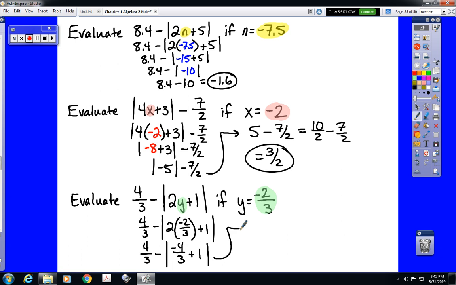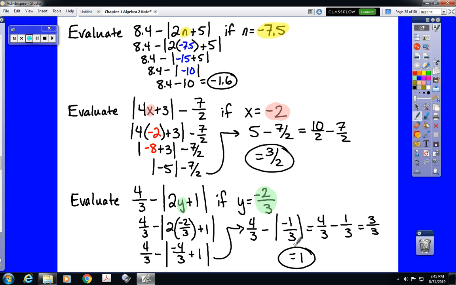Negative 4/3 plus 1 would be next, which is negative 1/3, so we have 4/3 minus 1/3, which is 3/3, meaning our answer is 1. In our next video, we will start to talk about solving absolute value equations.